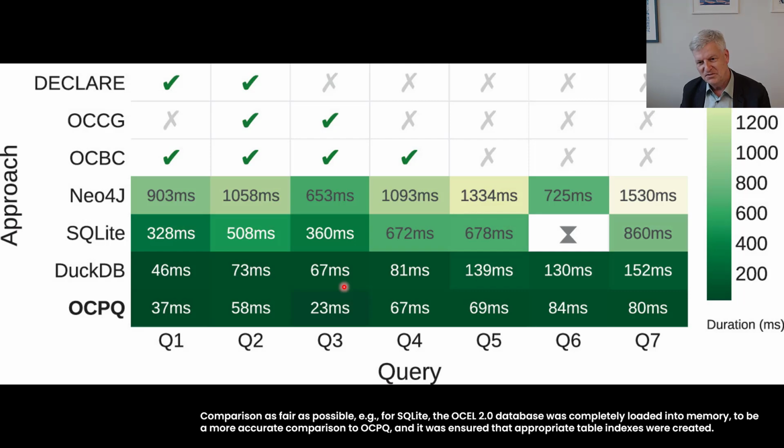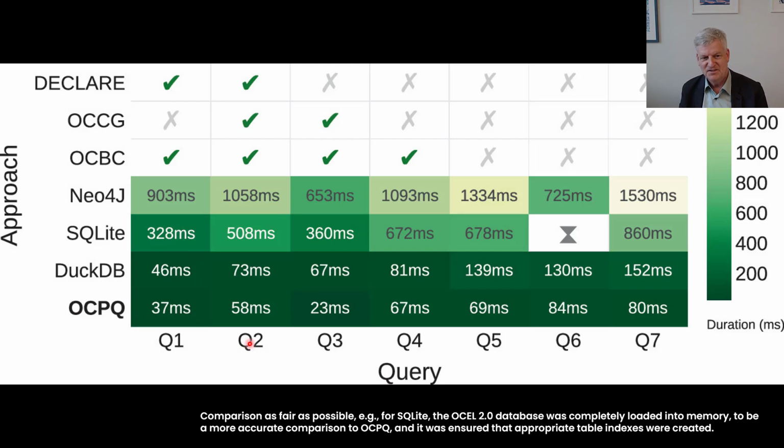The other argument is that if you look at OCPQ, it's much faster. Here you see a comparison with Neo4j, SQLite, DuckDB, and OCPQ. To make the comparison fair, in the SQL queries we set the optimal indices. We were also loading the database completely into memory to make the comparison as fair as possible.